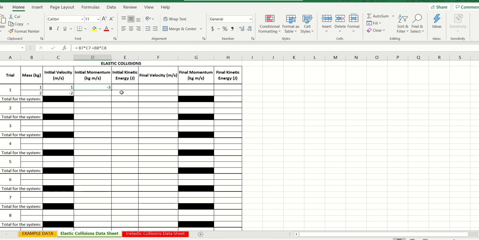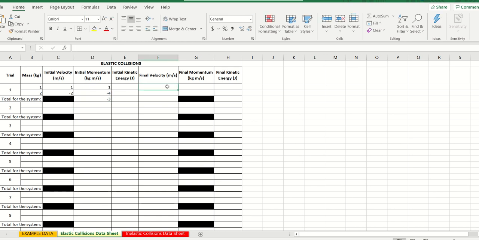Oh, sorry, I made a mistake. This times this. The initial momentum of just that object is 1, and then the initial momentum of that object is that, and then you add them together. Each object has a momentum, and then the total is equal to this plus this, so that's -3.